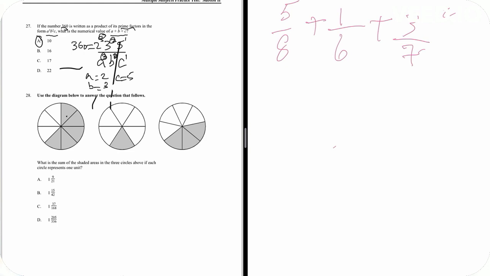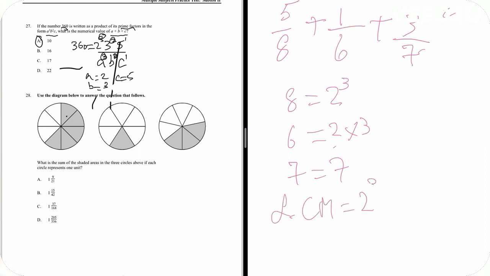So the lowest common multiple, the LCM for 8, 6, and 7: the prime factors for 8 will be 2 cube, the prime factors for 6 will be 2 times 3, and for 7 it will be only 7. So my LCM should be 2 cube into 3 into 7.